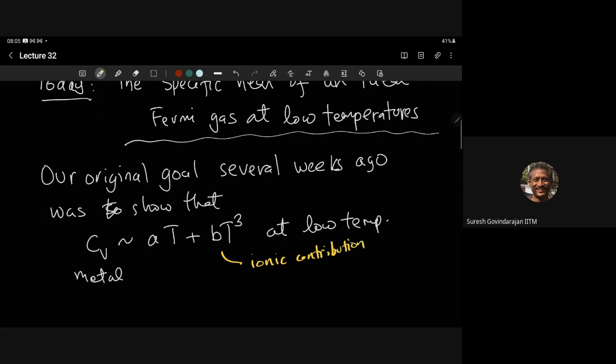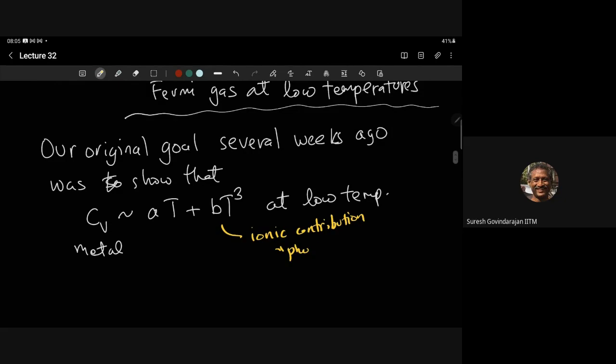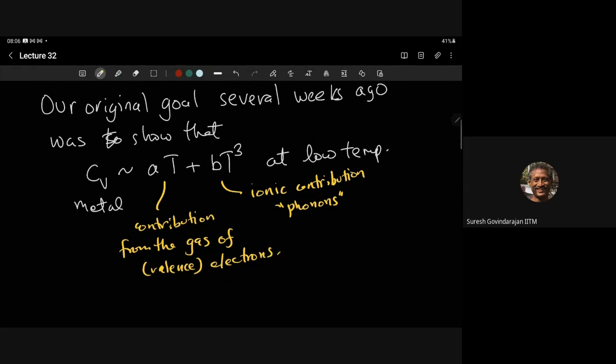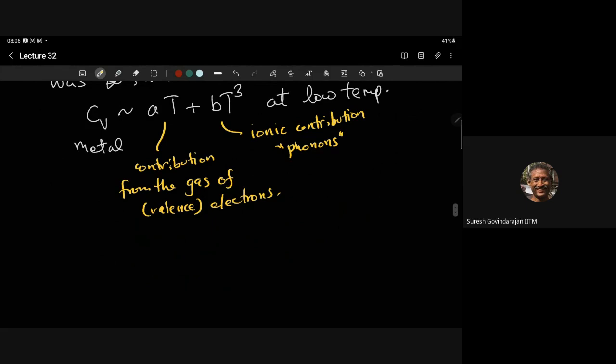Now we know, we are very sophisticated, with a contribution of phonons. Okay, and today we will see this part, which is coming from the electron gas. So this will sort of be a nice conclusion to something which we set out to do.